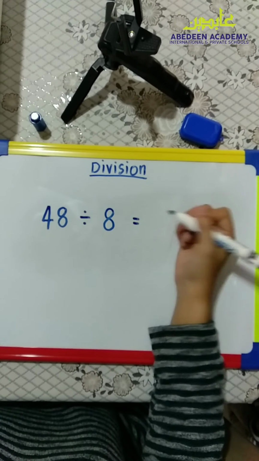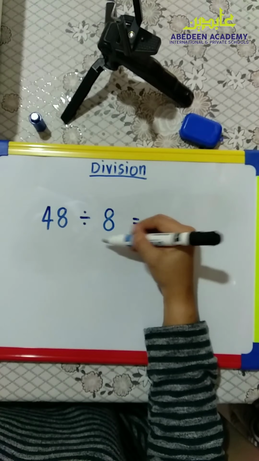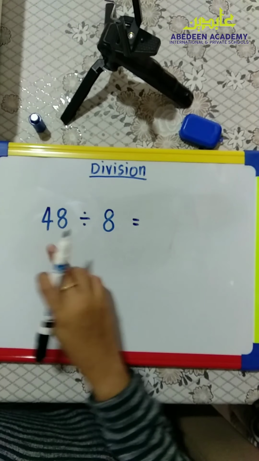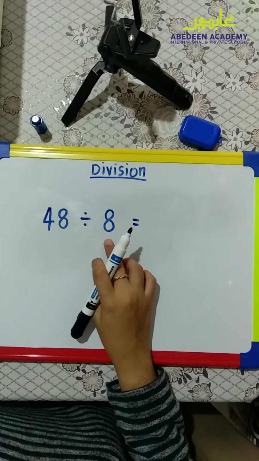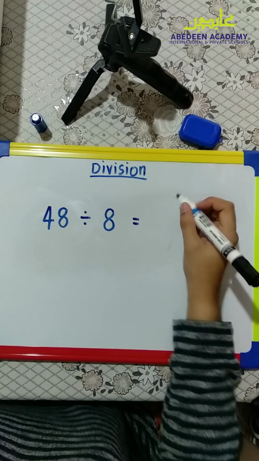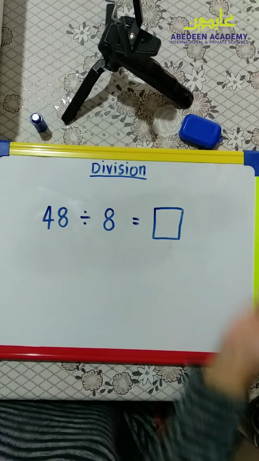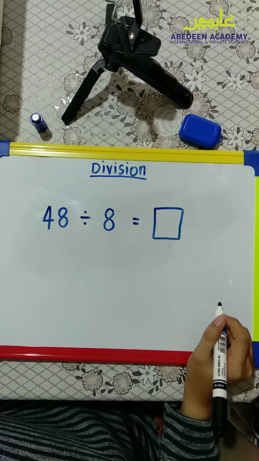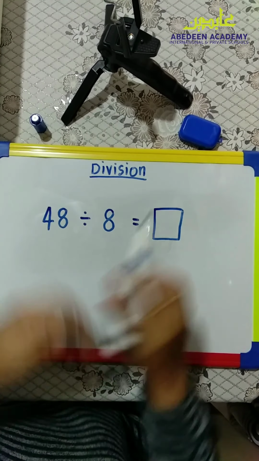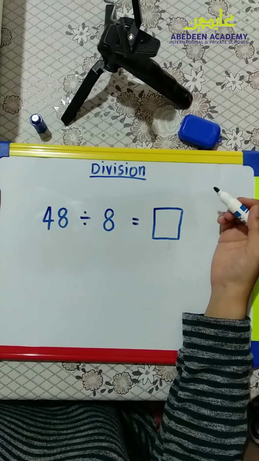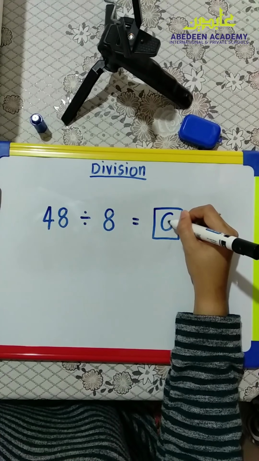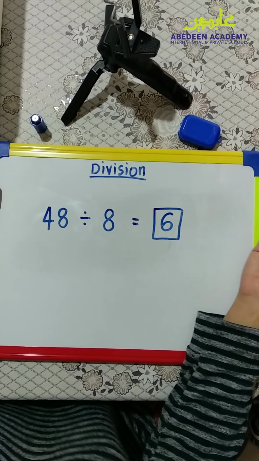So you know here that table 8 is involved. This is our dividend, this is our divisor, and we must find the answer for our quotient. Quotient is the answer. So 48 divided by 8, the answer is 6. So the quotient is 6.